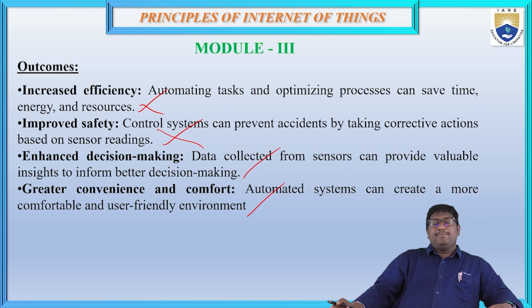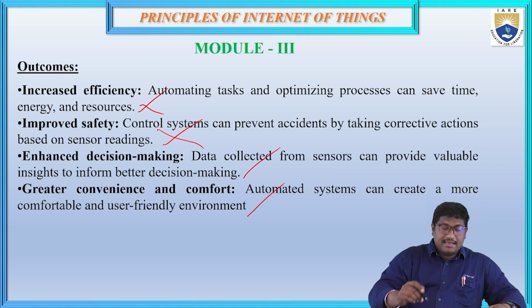Suppose people are working in mines, and there is some sensor mechanism set up in a coal mine, it is going to predict the natural hazard. Automatically it will alert you that so and so thing is going to happen within so and so time. So people will get alerted, so that it increases safety.